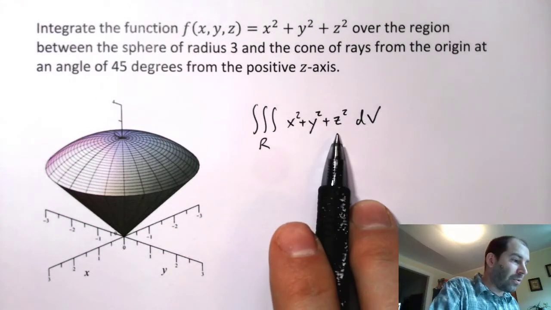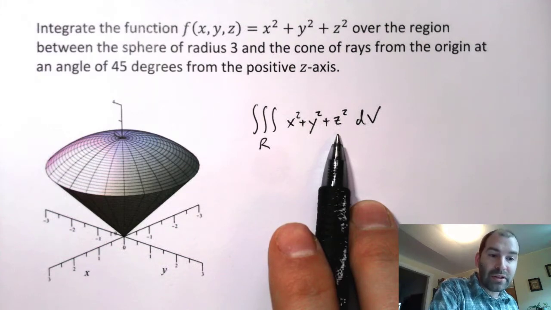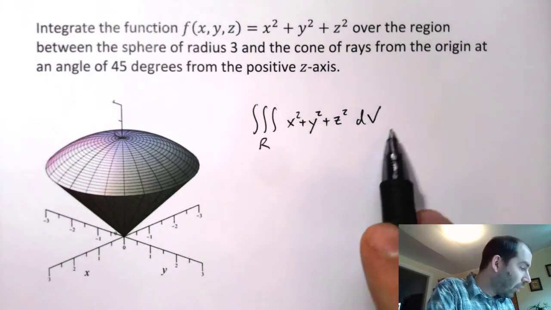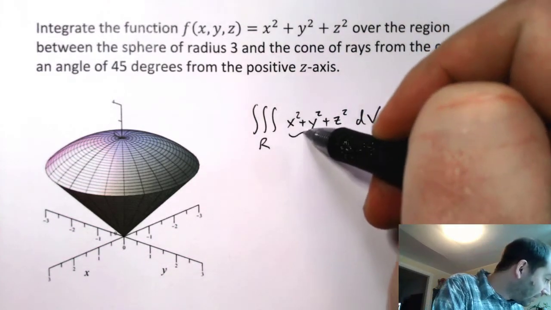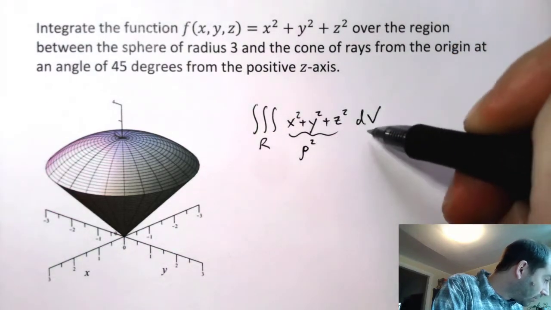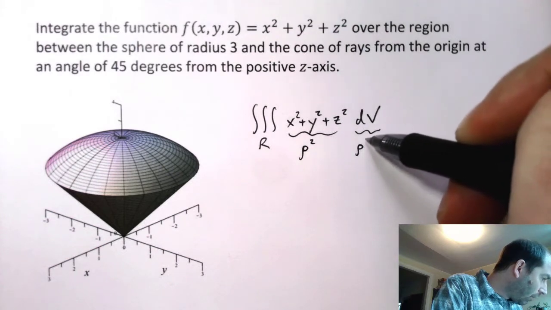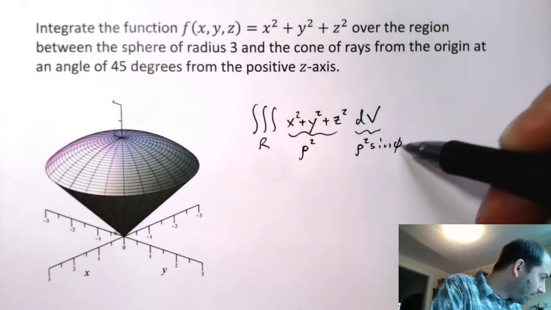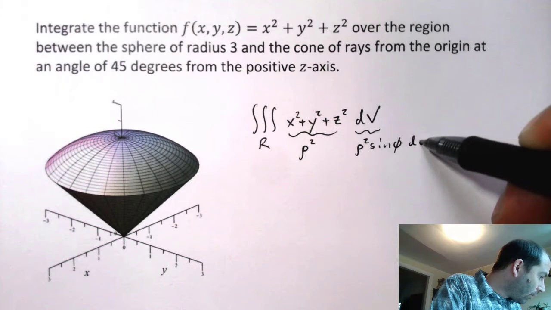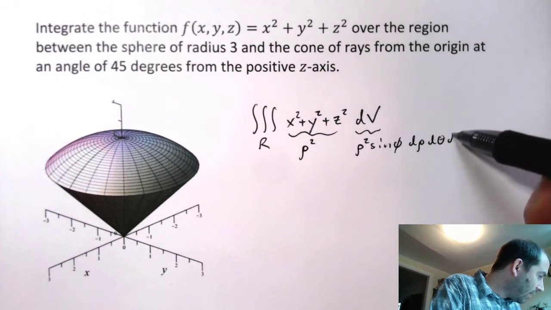We had a formula for that. Remember, that was just rho squared. And we know what dV is, right? So let's write these things down. This becomes rho squared, and dV becomes rho squared sine phi d rho d theta d phi.